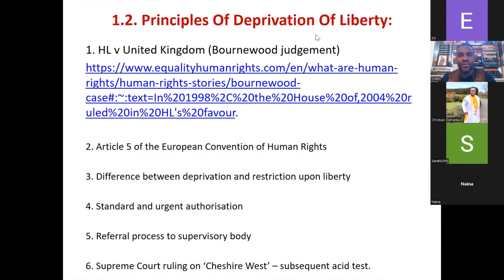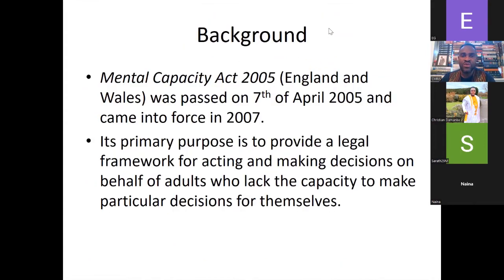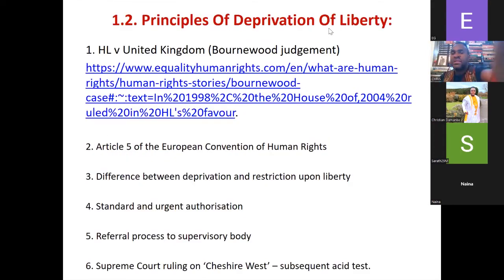We looked at an example in the case between HL and the United Kingdom, the case that went to court, and the European Court of Human Rights had to make a decision on it. We watched that video, and then we also looked at the details. So this link right here on the PowerPoint presentation helps you to actually follow that case.